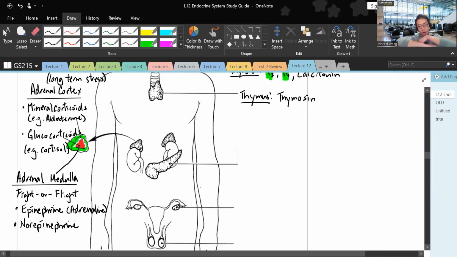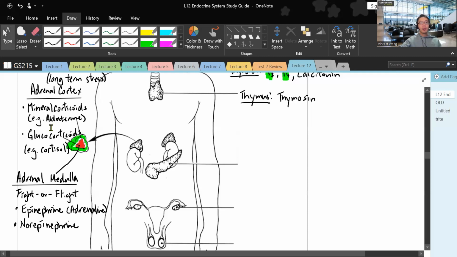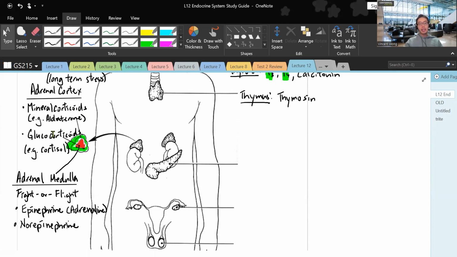Okay, so long-term stress, we're talking about maybe chronic illness, maybe stress from work, stress from school, then your body will release these mineralocorticoids and glucocorticoids. Their function is to help increase resource availability in the body.